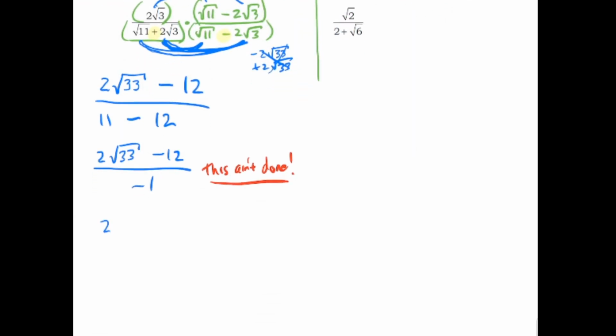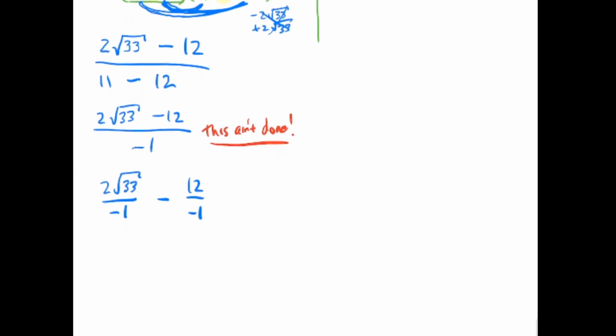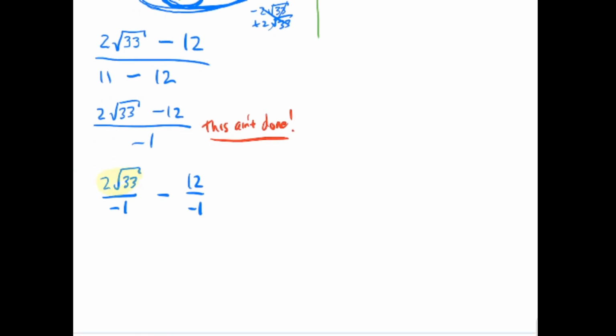Remember the idea, you can split this up into two separate fractions. Put the first thing over the negative 1, put the second thing over the negative 1. And then you can basically just do this. 2 radical 33 divided by negative 1 is going to be negative 2 radical 33 minus, and then 12 divided by negative 1 is actually a negative 12, and really that means I have negative 2 radical 33 plus 12.